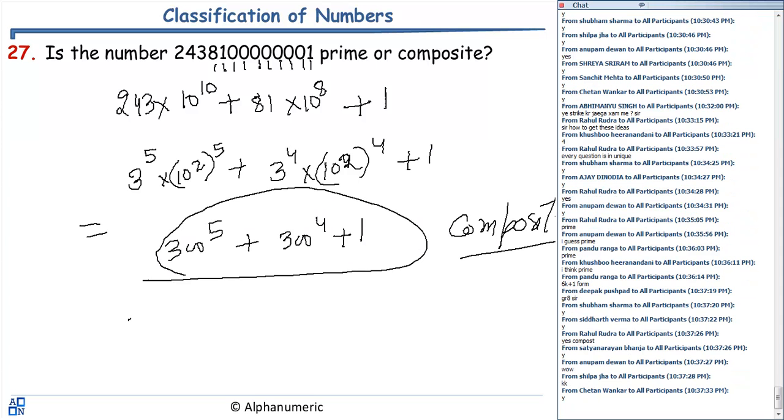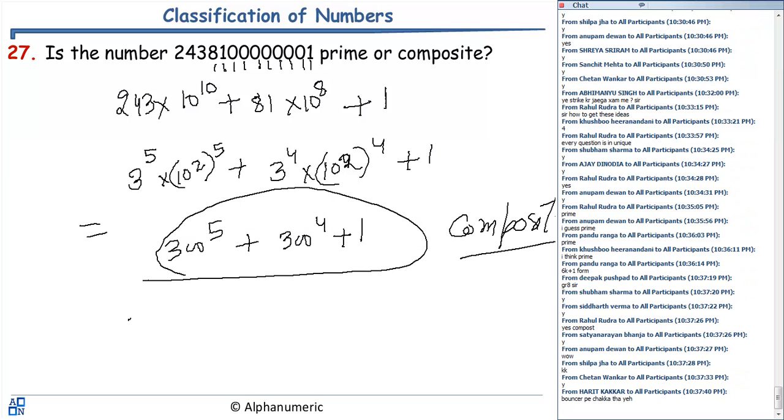Another interesting question. I think that was the CAT question. Next पूछने जा रहा हूँ. Yes, it was asked in CAT 2004.